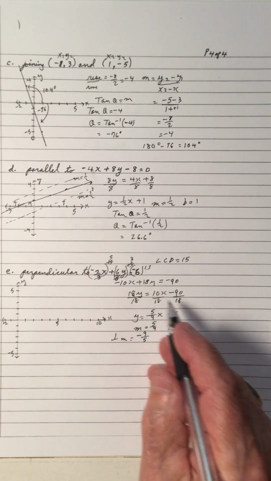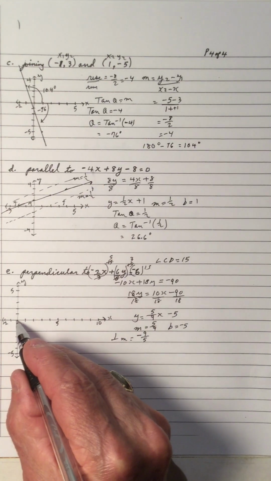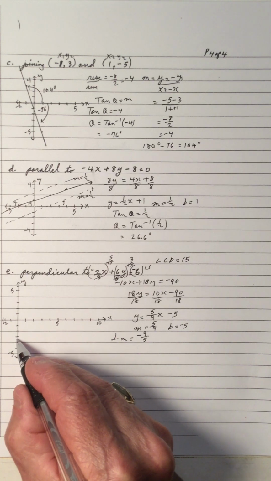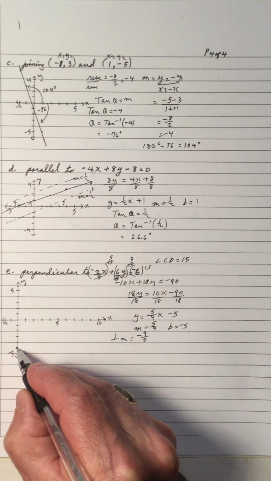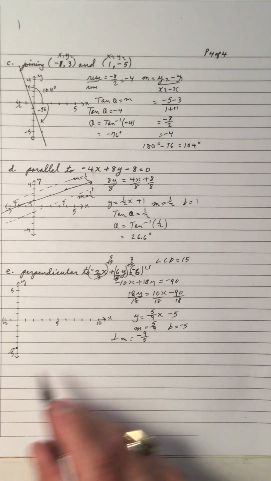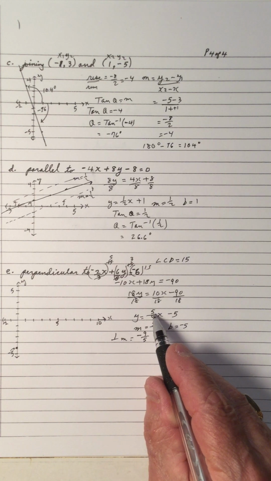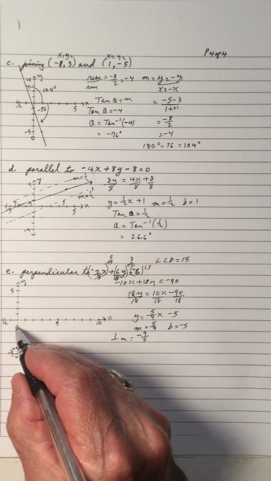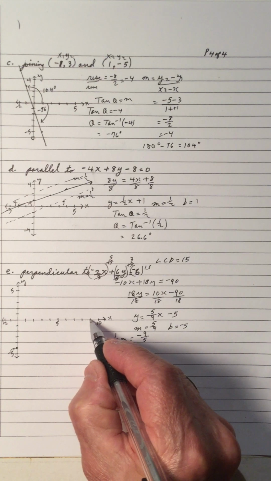So let's illustrate that. Let's draw this. We have a y-intercept of negative 5: 1, 2, 3, 4, right here. That's the negative 5. And the slope of this line is up 5, right 9: 1, 2, 3, 4, 5, 5, 6, 7, 8, 9.